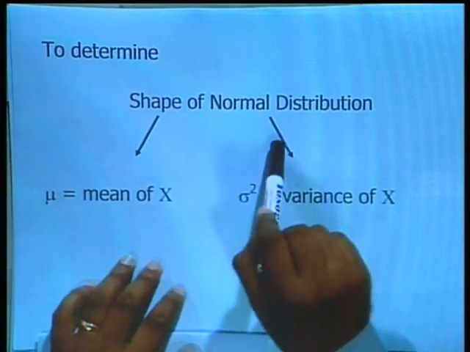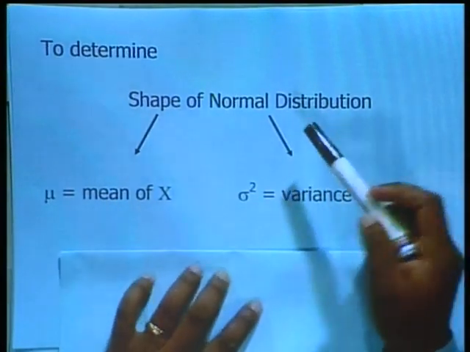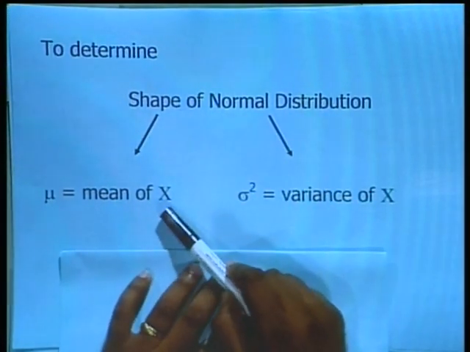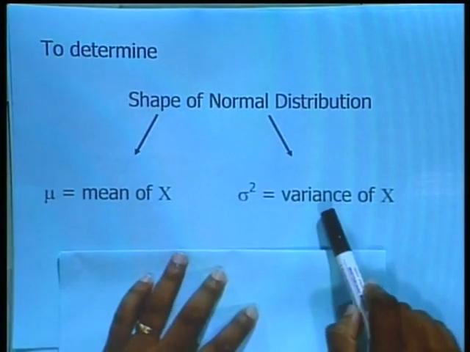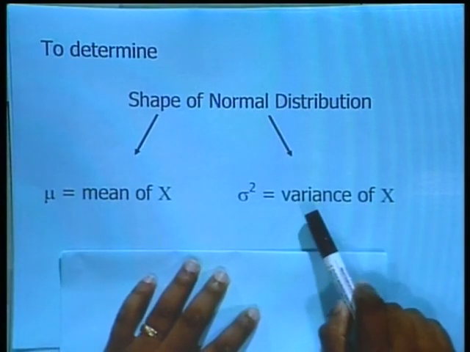Therefore, to determine the shape of a normal distribution, we need the mean value of x and the variance of x. Variance indicates the spread in the data.